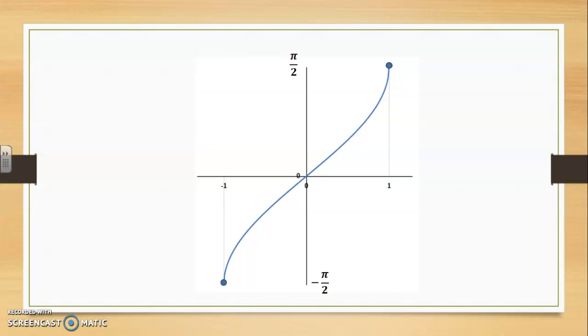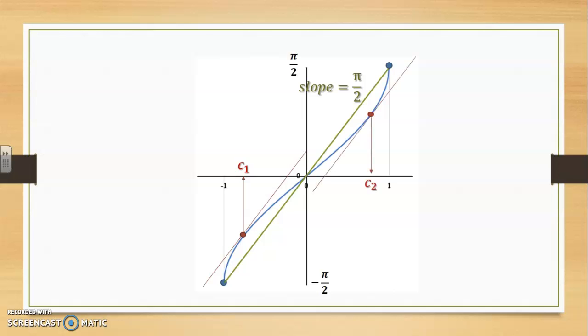Mean value theorem doesn't necessarily oblige the extremities to be differentiable. The slope connecting the extremities is pi over 2, and as we can see from the graph, there are two distinct points where these tangent line slopes will be the same as the secant line slope.